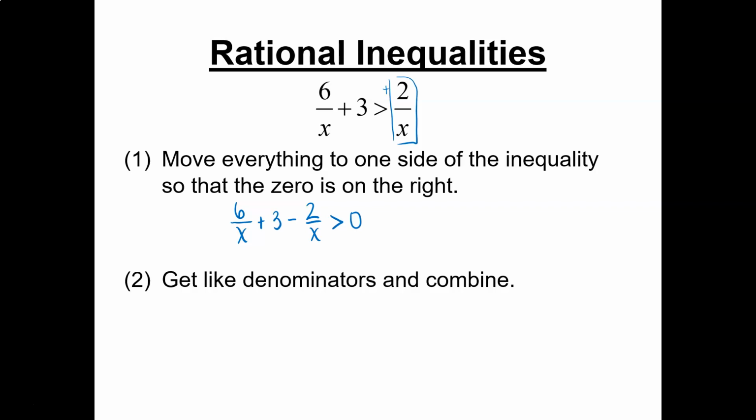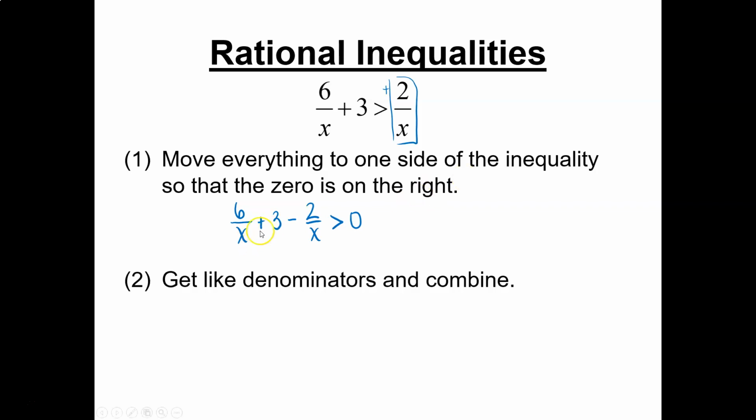Now, you cannot start doing what we were doing yesterday until you have combined this into one fraction, right? Because yesterday, everything we did had one expression on top, one expression on bottom, just one fraction bar in the middle. It has to be that way.